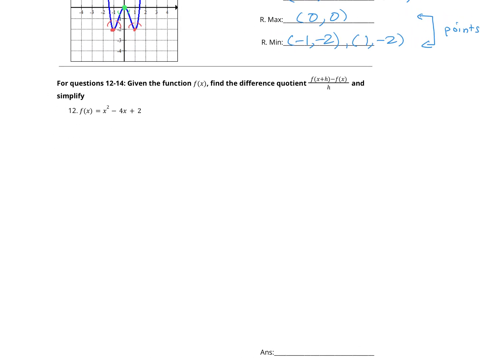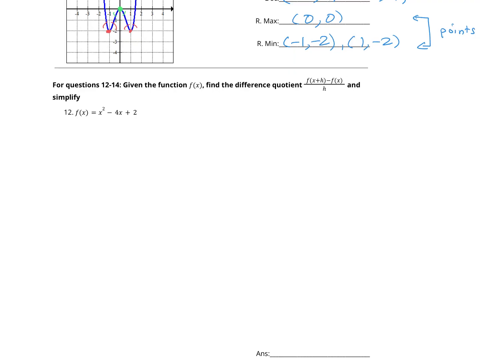So here we go. We are going to find f of x plus h minus f of x all over h. And we saw in the previous note quiz, number 5, that when you find f of x plus h, you put x plus h where all of the x's are.